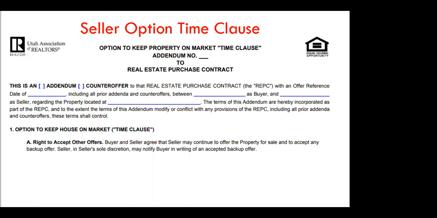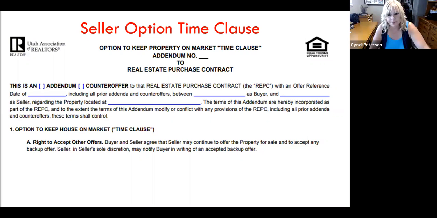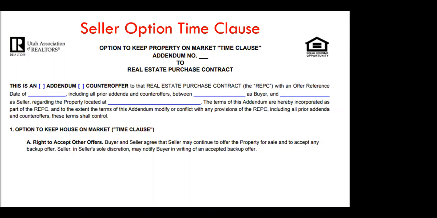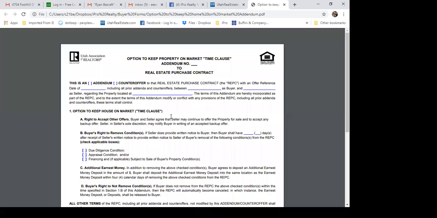So let's just say the buyer that is under contract agreed to the time clause. We put the home on the market for the buyer. Another offer comes in on the original house, and now the clock starts for 72 hours.